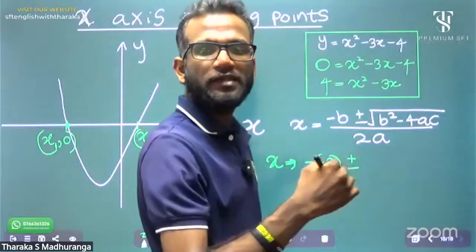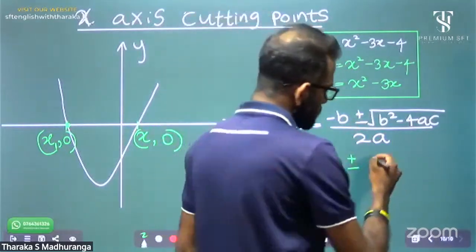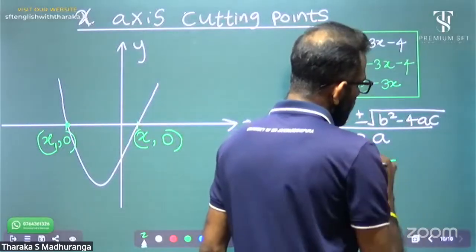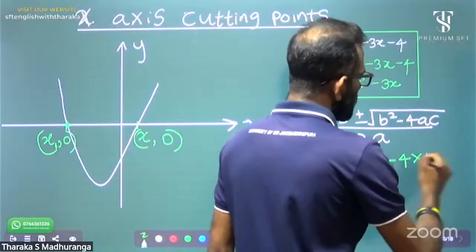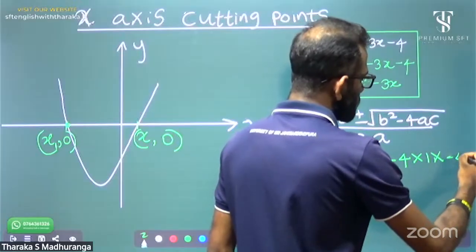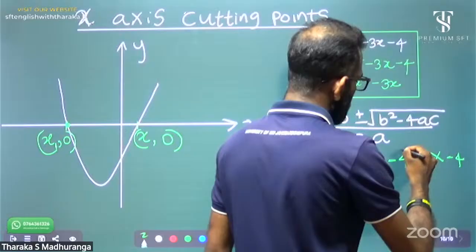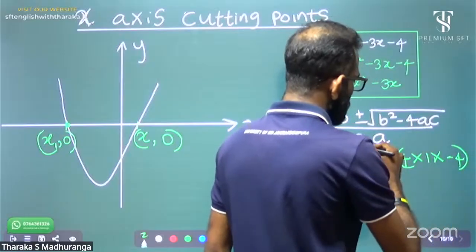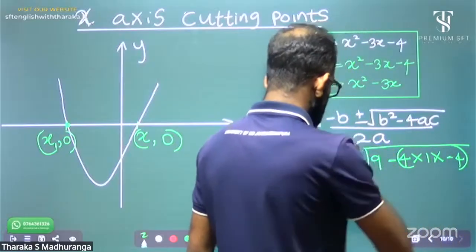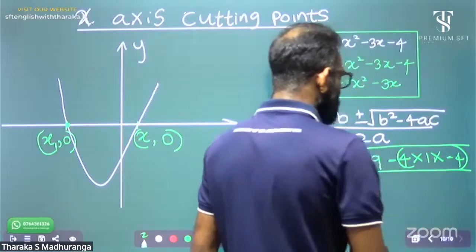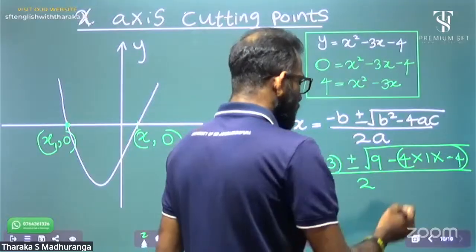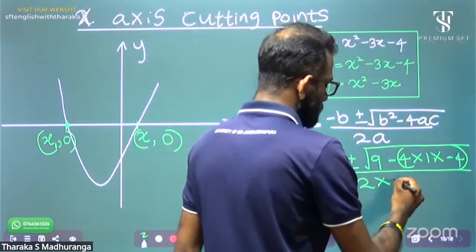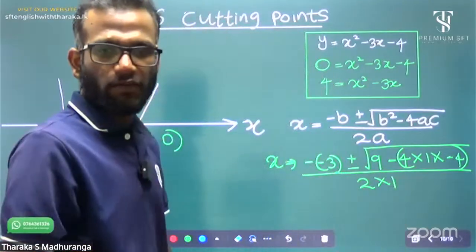B squared means minus 3 squared, it is 9. 9 minus 4 into a value 1, c value minus 4, divided by 2a. 2a means 2 times 1. Okay, this is the equation.